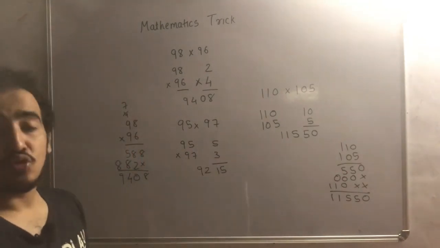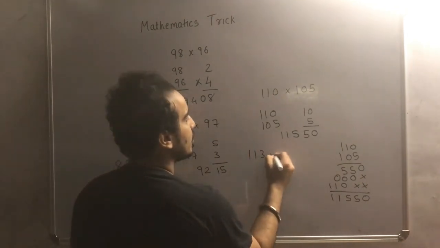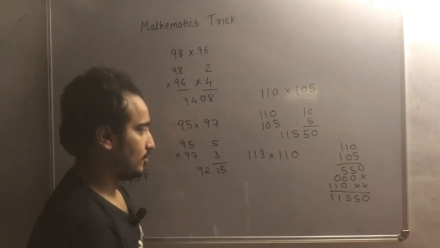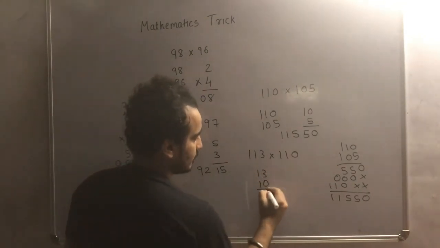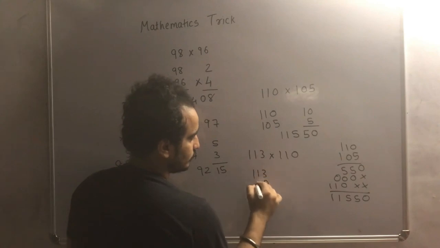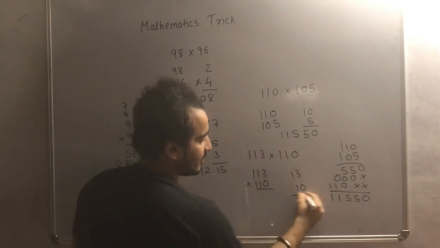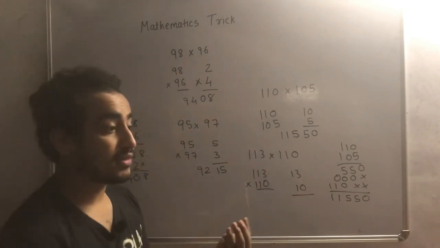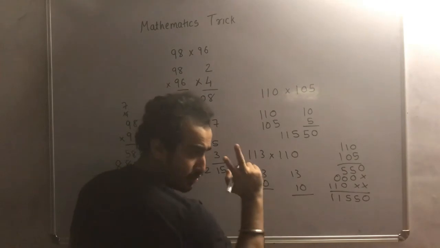We can take a tougher example, that is 113 into 110. How much is it away from 100? We can say 13 and 10. 13 tens are 130, but here it is coming to 3 digits. We will not write 3 digits, we will only write 2 digits.